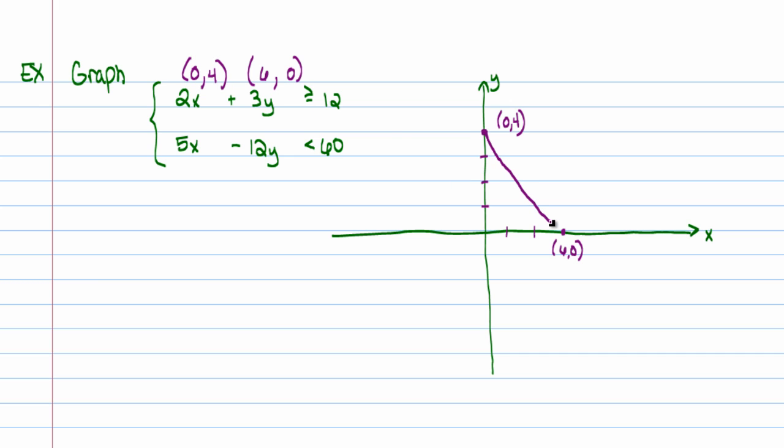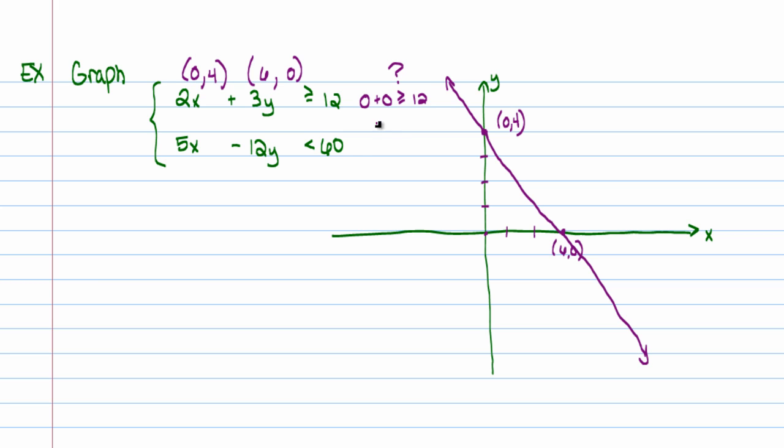Trying to be as exact as possible, but it's difficult. And while I'm here, I'm going to go ahead and pick a test point. The test point I'll pick is 0, 0. So I'm going to try this point right here and see if that point lands in my solution region. If I do that, I'll get 0 plus 0, and I'm asking, is that greater than or equal to 12?